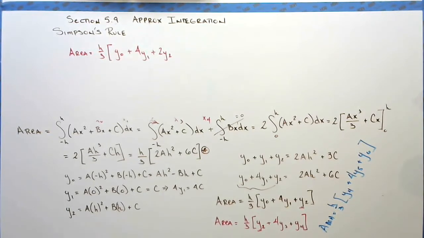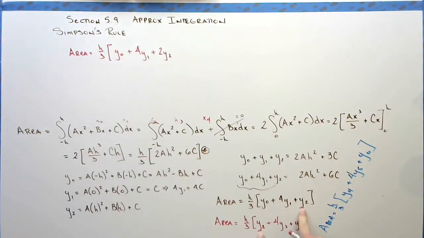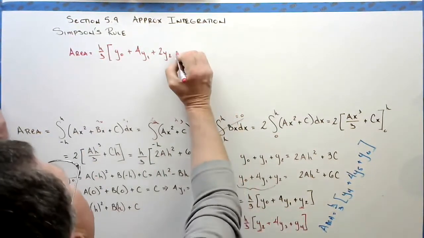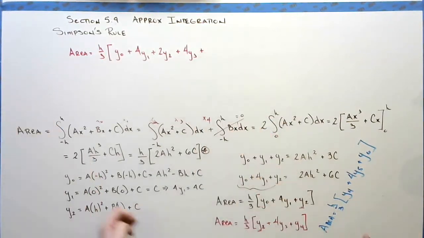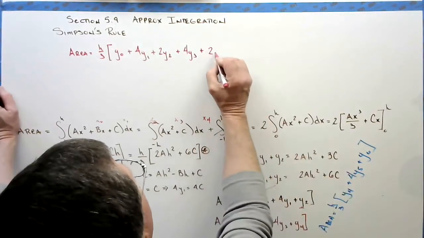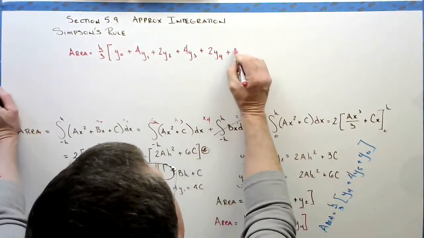And so when we add these all together, we have our y sub 0, our 4 y sub 1s, our 2 y sub 2s, our 4 y sub 3s. Now we're going to have 2 y sub 4s. And we're going to have 4 y sub 5s.